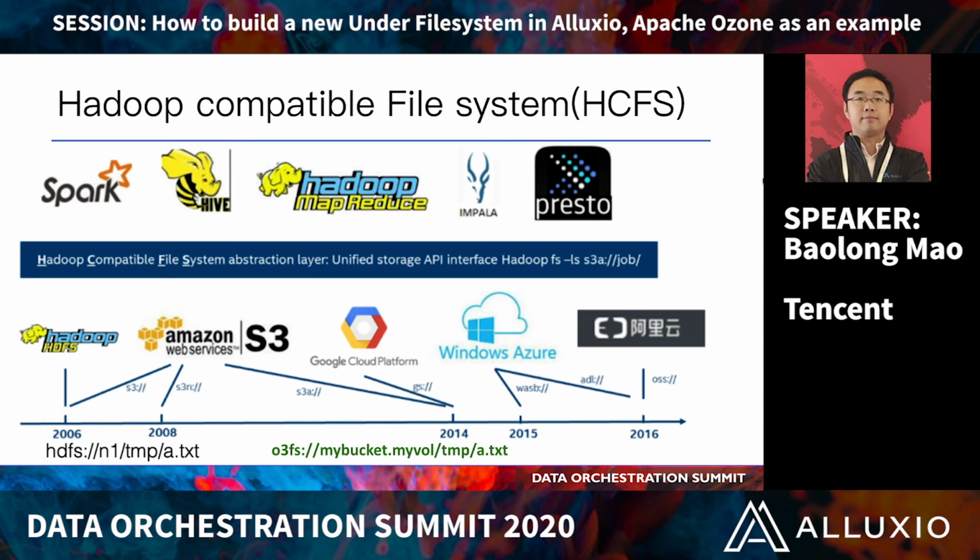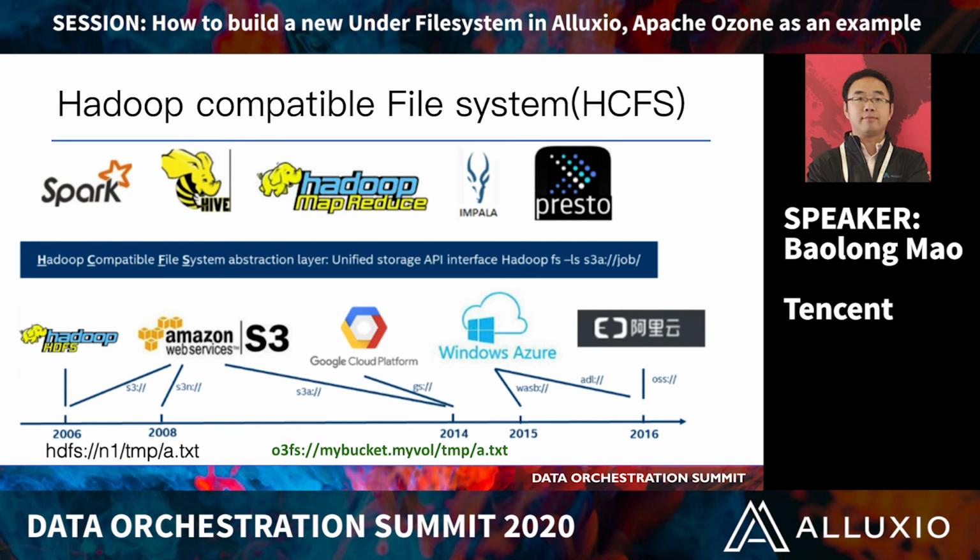It is an API of file system. Its original purpose is for HDFS, but HDFS became more and more popular. Many storage file systems implemented the HCFS interface, so that applications of the Hadoop ecosystem can access these storage systems without code changes.